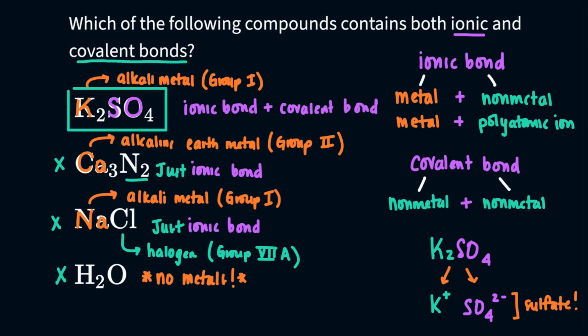The answer for this one is K₂SO₄. Just watch out for your metals and nonmetals, and metals and polyatomic ions. Also know that the last ionic bond you could see, which isn't always given but is still classified as an ionic bond, is polyatomic ion plus polyatomic ion. But as far as covalent bonds go, you only get nonmetals.